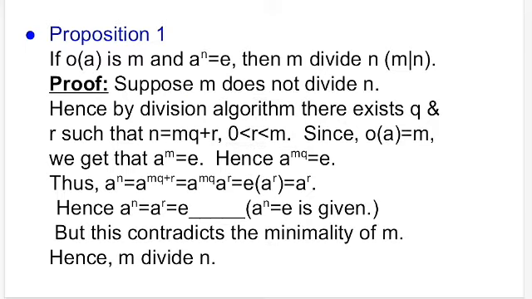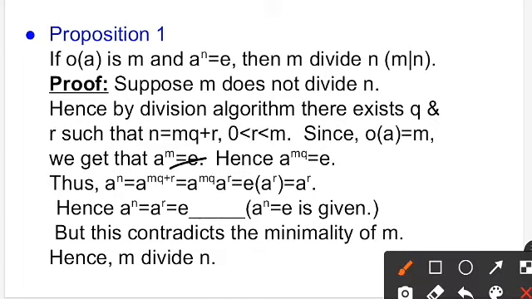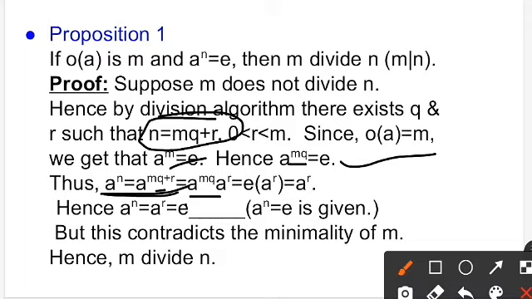Since the order of A is M, we get that A raised to M is equal to E, right? Hence A raised to MQ is also equal to E because MQ is a multiple of M. Therefore we can write A raised to N is equal to A raised to MQ plus R, as N is equal to MQ plus R. But A raised to MQ plus R can be written as A raised to MQ into A raised to R. And we have just seen that A raised to MQ is the identity.